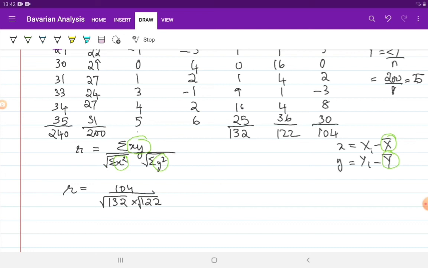Use your calculator: 0.8195. Remember, the closer your value of r is towards 1, the higher the degree of correlation it implies. Since the figure is positive, that means it's positive correlation, and definitely quite high positive correlation between the values of x and y.